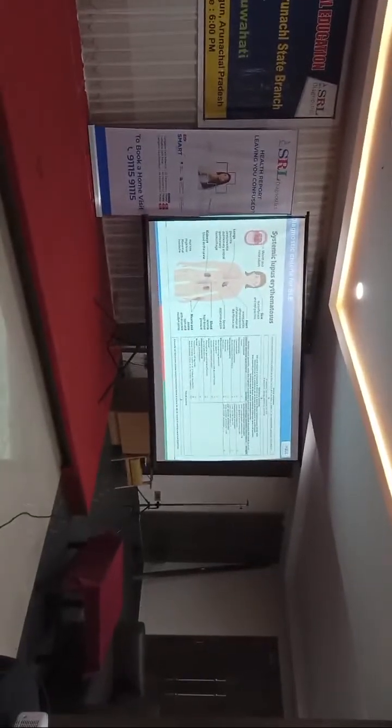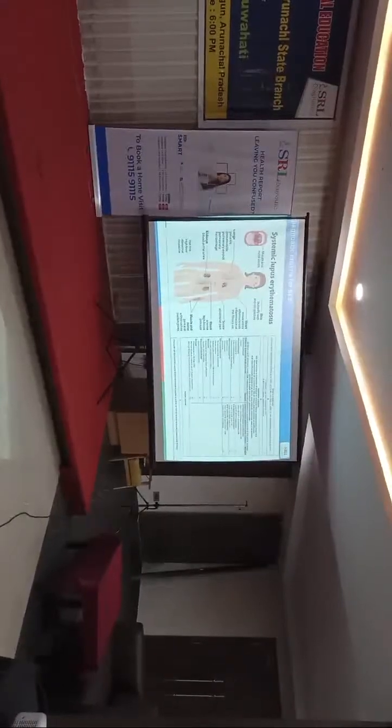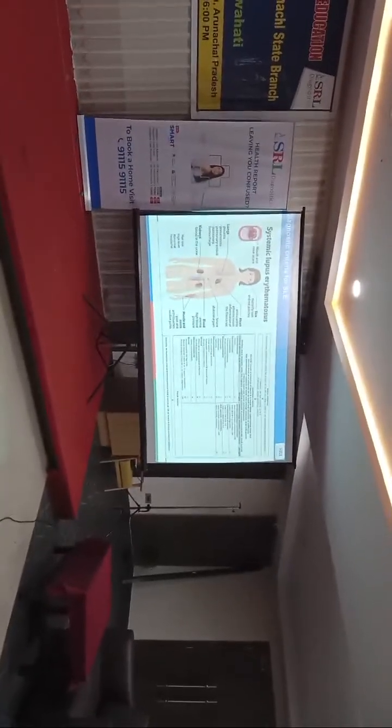So if your ANA titer is less than 1 is to 80, you don't follow up with all this scoring. So your entry criteria is more than 1 is to 80.